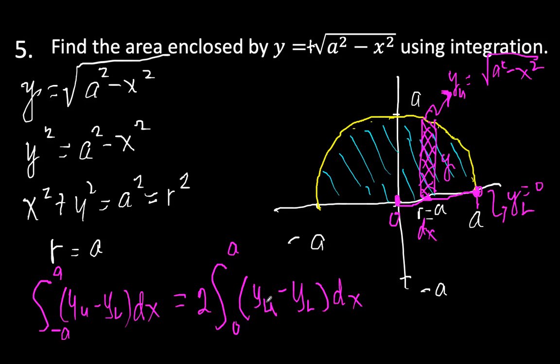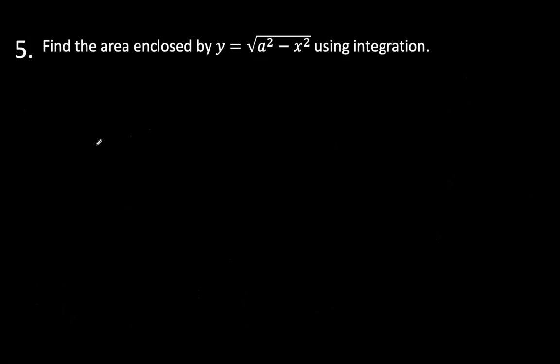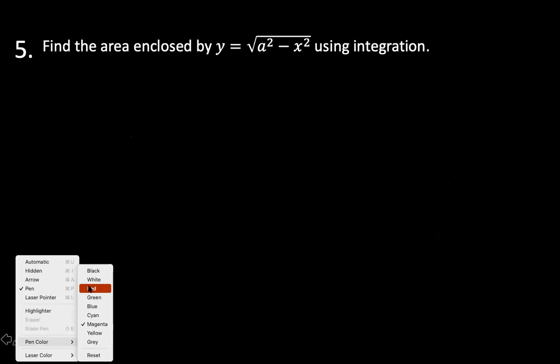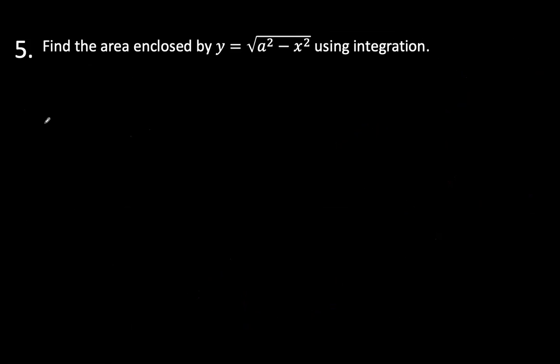So let's substitute the values of y sub u, the upper, and y sub l, the lower. Okay, let's go to the next slide. So I have, again, 2 times the integral of y upper.